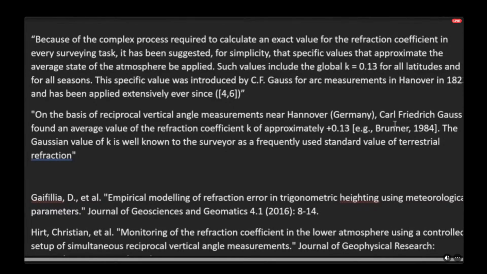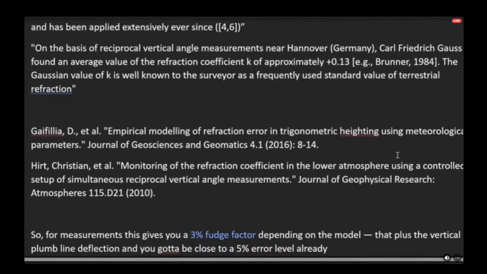Now another quote. On the basis of reciprocal vertical angle measurements near Hanover, Germany, Carl Friedrich Gauss found an average value for the refraction coefficient, approximately plus or minus 0.13. And the value of K is well known to the surveyor as a frequently used standard value of terrestrial refraction. Here's another one where they explain how that causes problems. Empirical modeling of refraction error in trigonometric heighting uses meteorological parameters.